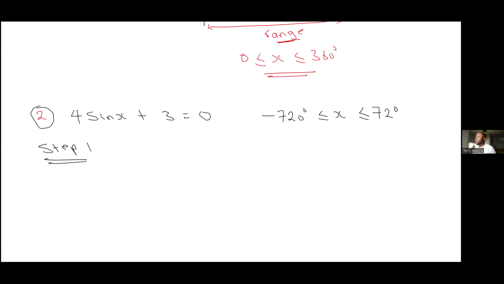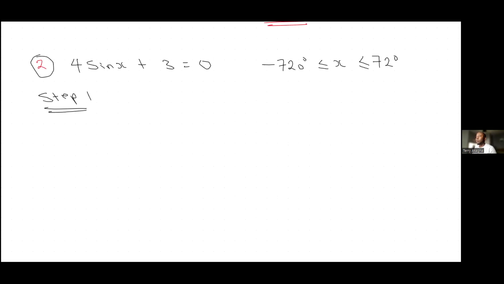So we'll try with this. We have 4 sine x plus 3 is equal to 0. I'm going to take 3 to this side, because I need the sine term to be on its own. So it gives me 4 sine x equals minus 3.